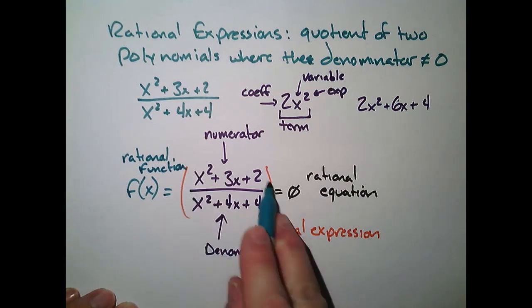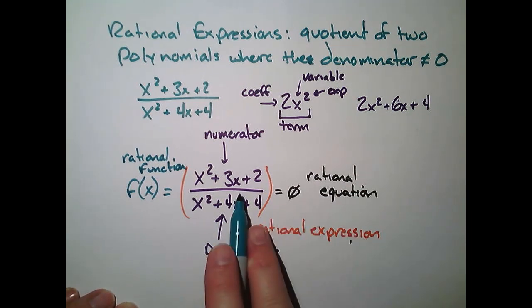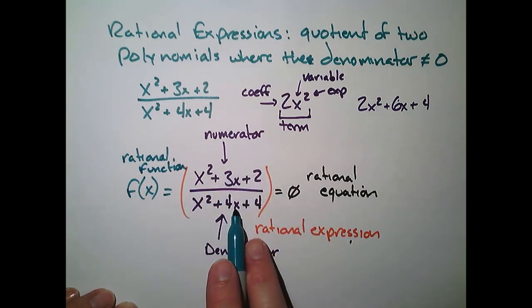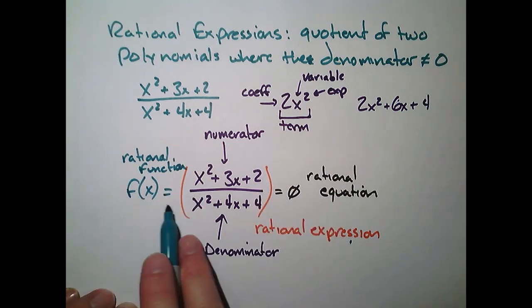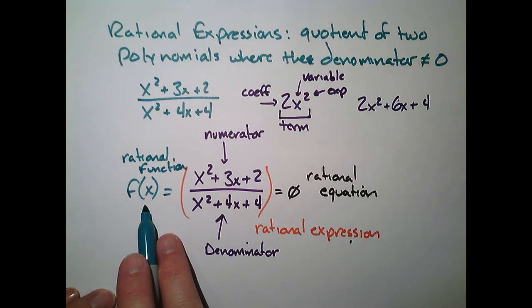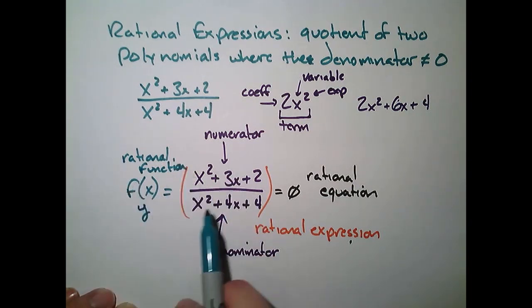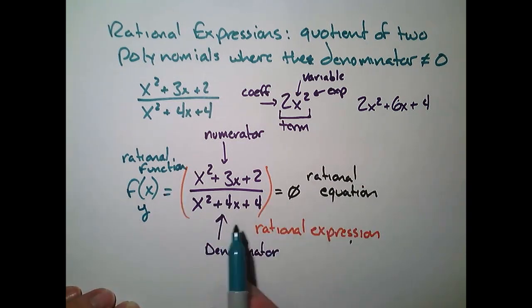So if it's just the rational expression by itself, it's the two polynomials, a rational expression. If we set it equal to 0, now we've got a rational equation that we can solve. We can find the values of x that make this true. If we set it equal to f of x, which is just another name for y when we're graphing, then this is a rational function that we can graph and we can get its attributes. So all of these are just different flavors of our rationals.